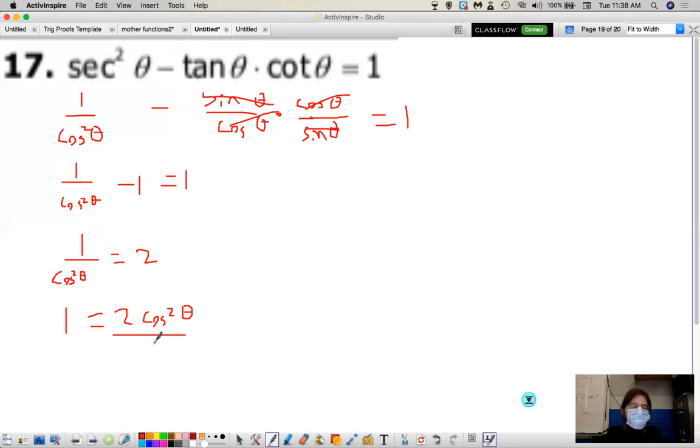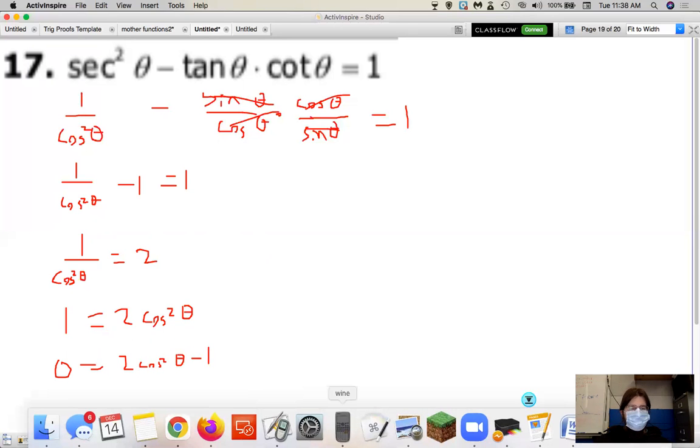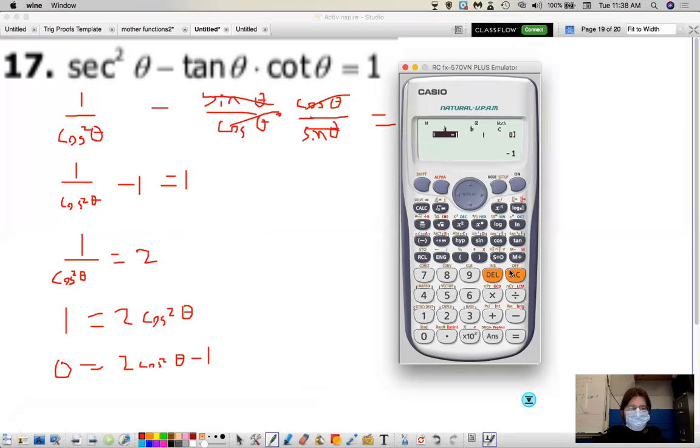Well, we could divide by 2, but why bother? Let's do as little work as possible. 0 equals 2 cosine squared theta minus 1. Might as well use mode 3 while we can. 2, 0, negative 1.